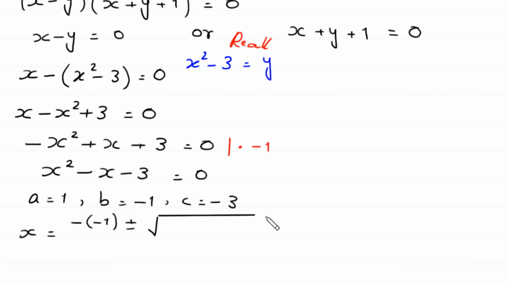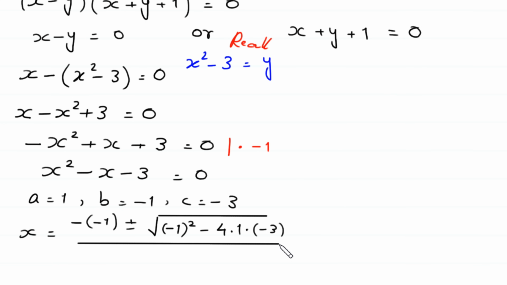And according to quadratic formula, x is equal to minus the value of b, minus 1, plus or minus square root of the value of b, negative 1 squared, minus 4 times the value of a, 1, times the value of c, negative 3, divided by 2 times the value of a, 1.